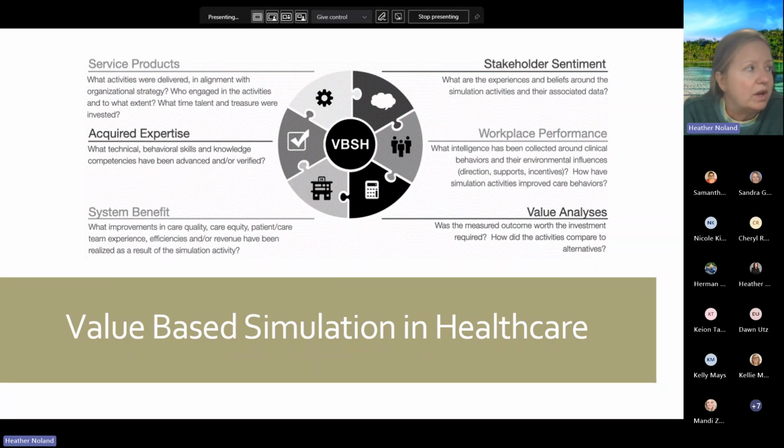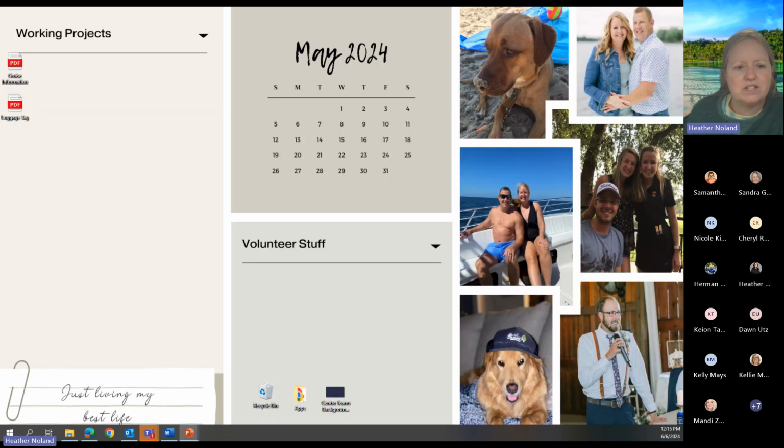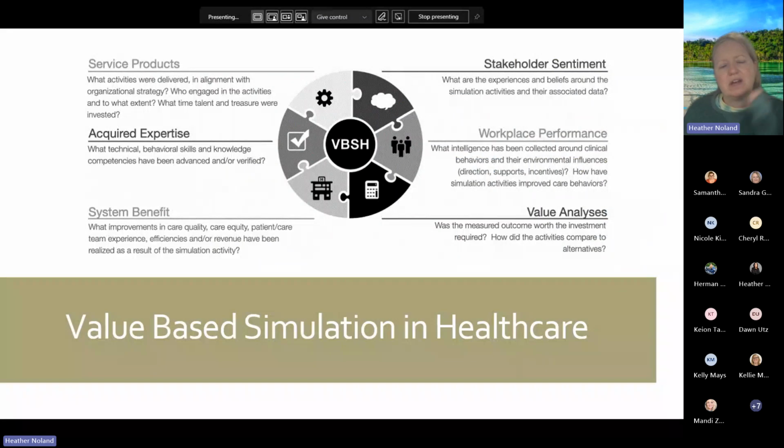This graphic has not yet been published. I'm a part of this group, so I asked permission to show it, talk about it, and introduce it. I'd be more than happy to share the article when it comes out, because there's a little more to it than just this graphic and the different buckets represented here.